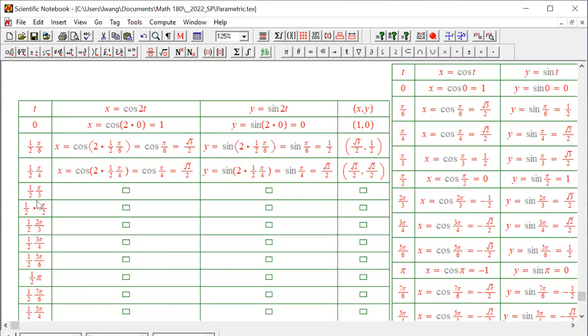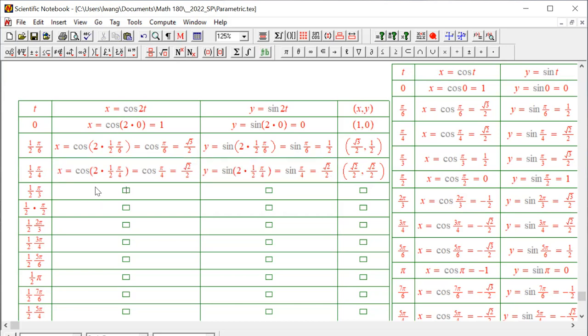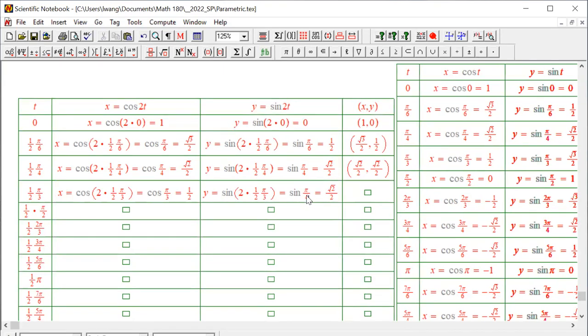So next we're going to do half of pi over 3. If you could do it with me, that would be great. So this is pi over 3, and this is going to be half.